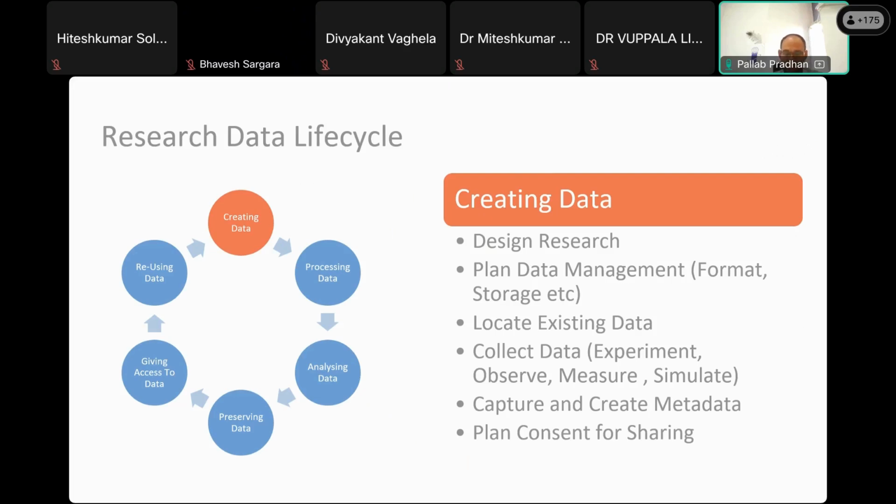After doing all these things, data may be collected from different experiments, observations, measurements, or simulations.